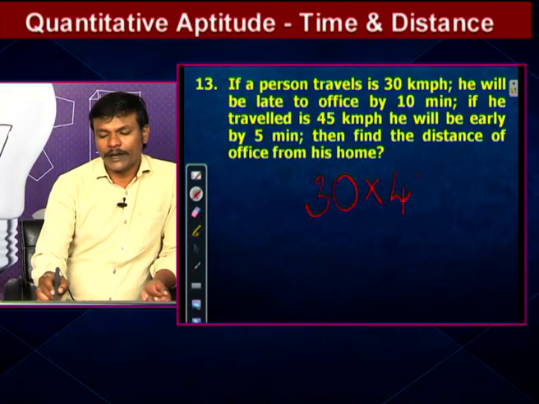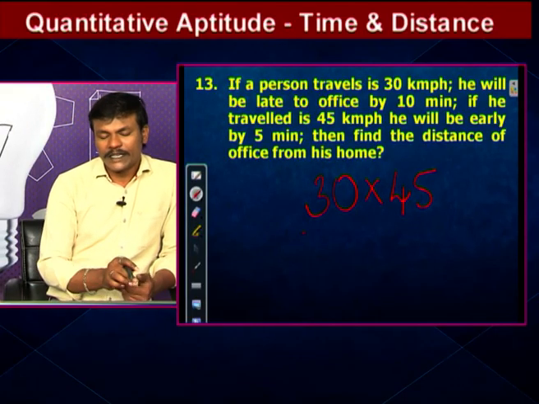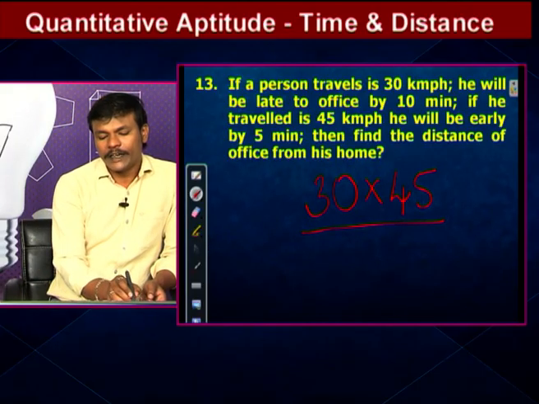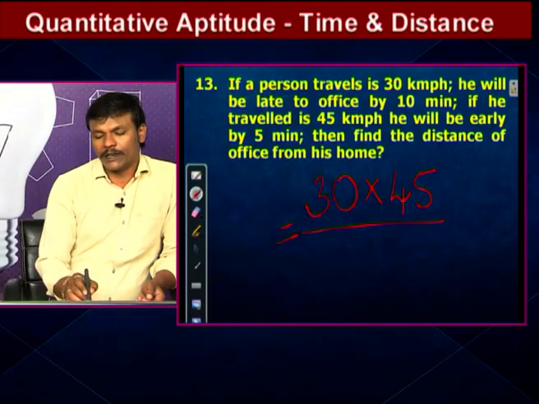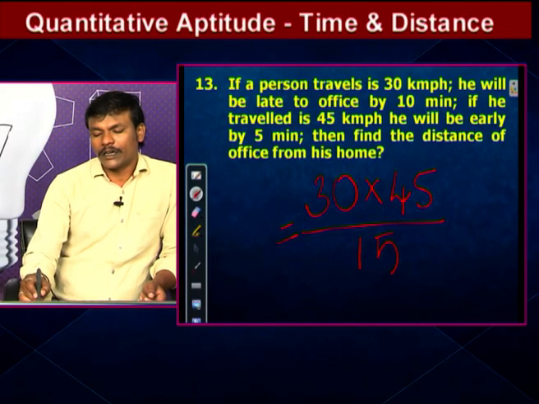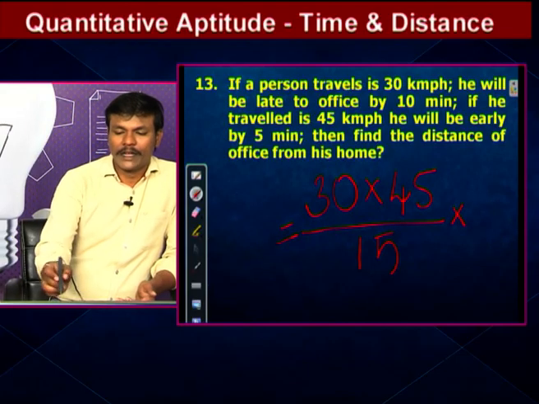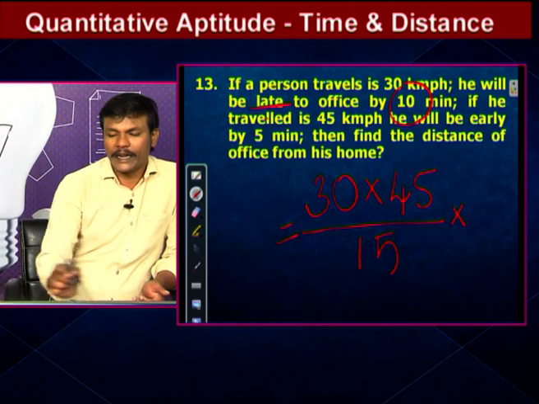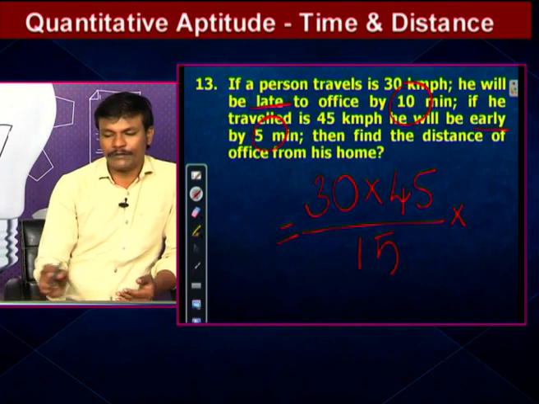In the question, when we observe late or early time, that means it is the difference of time. When we have the difference of time, the denominator of the speeds will be the difference of the speeds. This is 15. Then what is the difference of the time? 10 minutes late and 5 minutes early, the difference of both is 15 minutes.